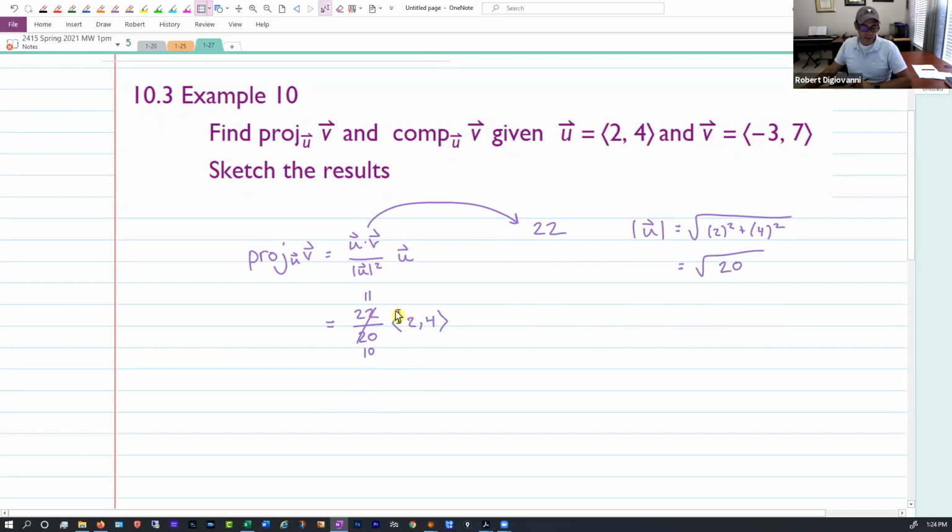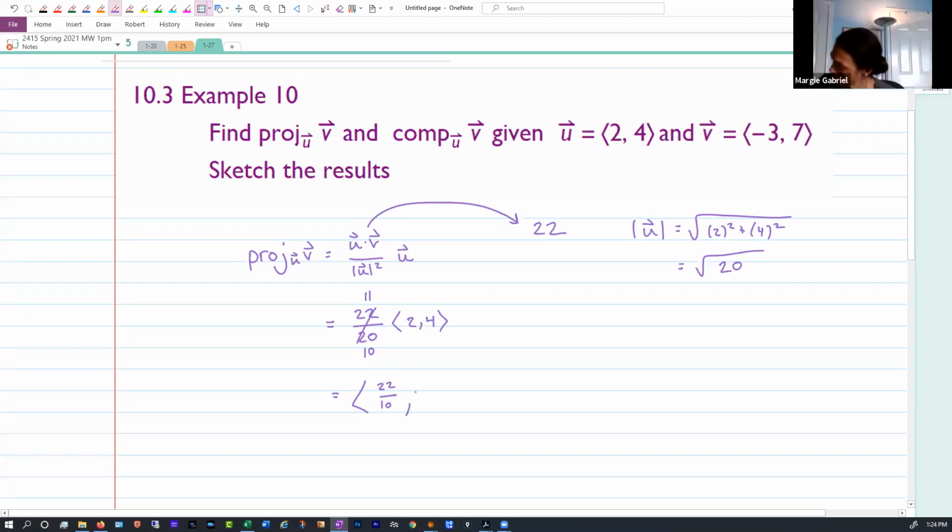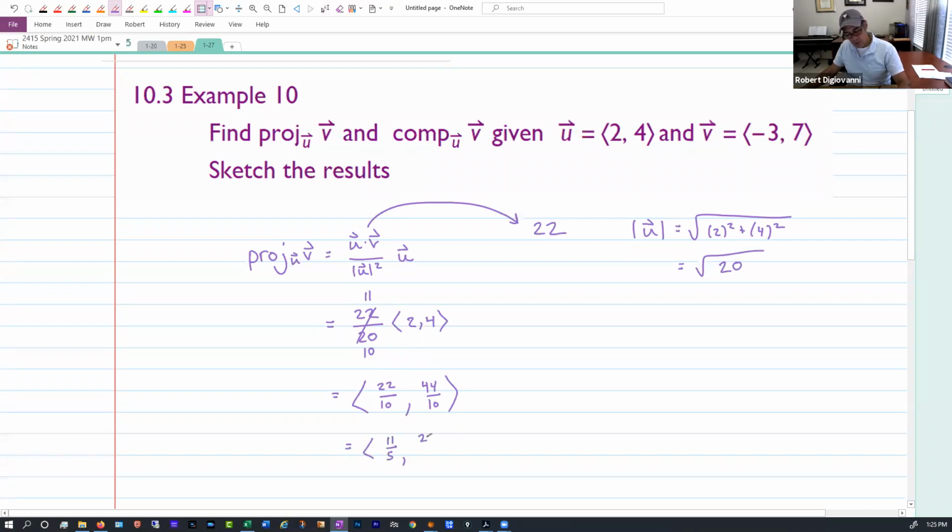And let's pass that through. You don't have to reduce, but 22 over 10, and then 44 over 10. And yeah, that's fine, but you could go 11 fifths, 22 fifths, something like that. Okay.